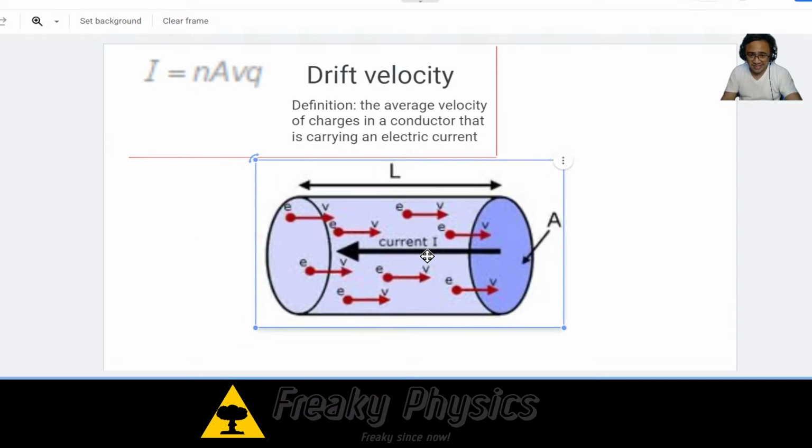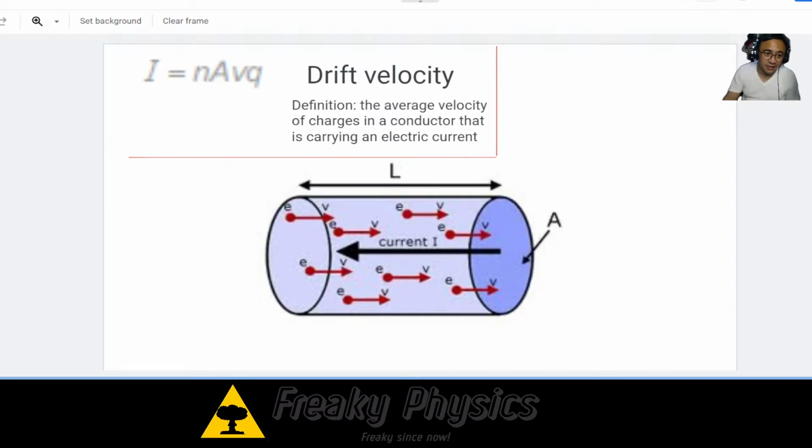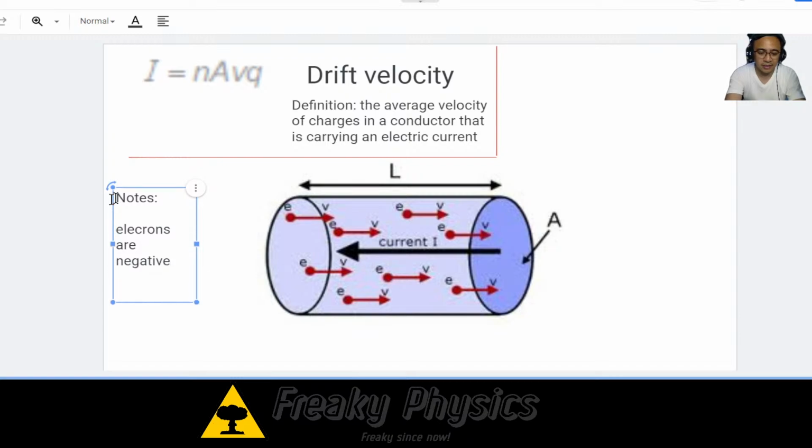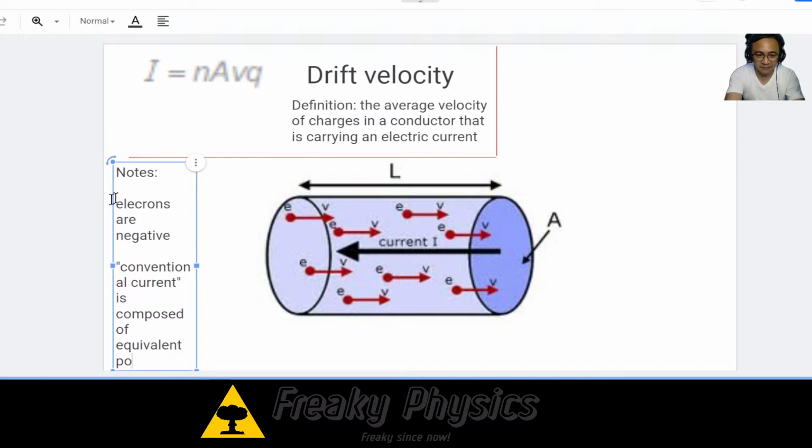Let's take a look first. You know that electrons are negatively charged, right? So note: electrons are negatively charged, and what we call the conventional current is composed of equivalent positive charges.